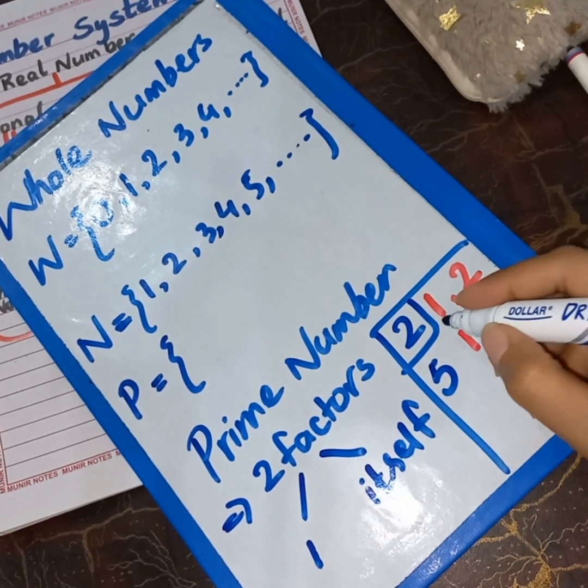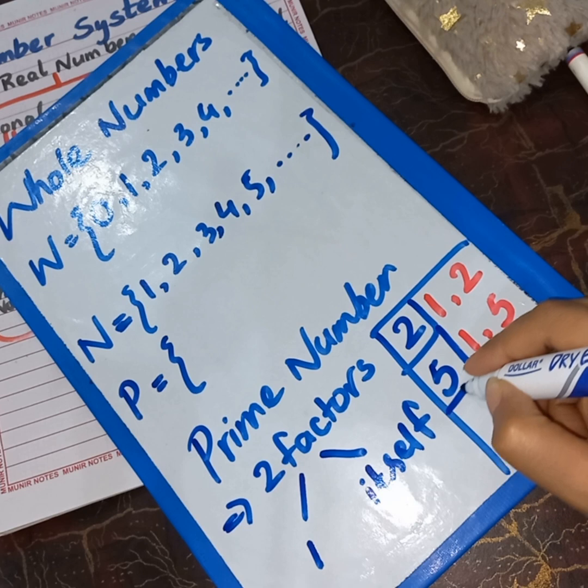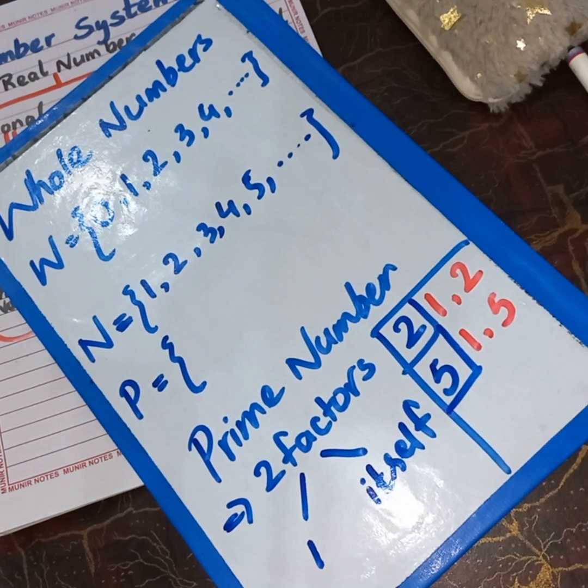So the thing is, every number, whether it is prime or not, always has two factors, 1 and the number itself. But if the factors are more than 2, then it will not be considered a prime number. It will be considered a prime number only if it has exactly two factors, 1 and the number itself. If it has more than two factors, then it would not be considered a prime number.